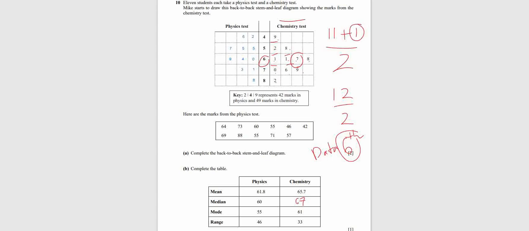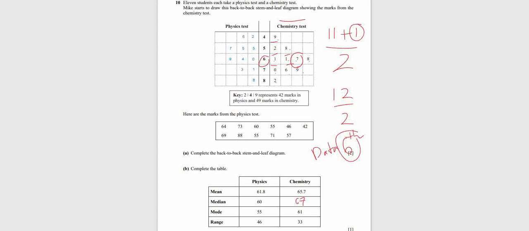We always add 1 and divide by 2 and see which data it is. If it's an odd number, it will just fall on the data itself. If it's even, then we have to take the 2 data and divide by 2 if the total frequency is an even number. For this case, it's 11, so it will fall on data number 6.